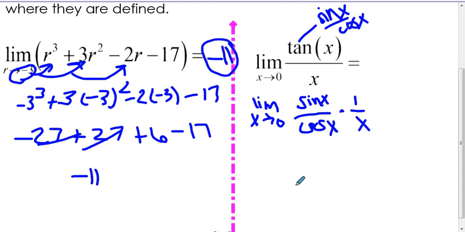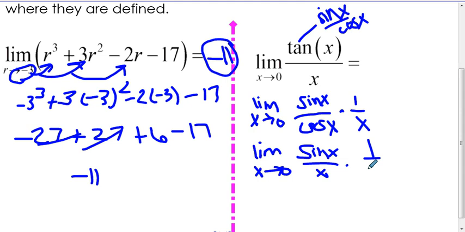All right, so now we could split this up, but then we still have that problem of 1 over x. But remember, we did a graphical problem earlier where it was sine over x. So we can rewrite this as the limit as x approaches 0 of sine of x over x times 1 over cosine of x.